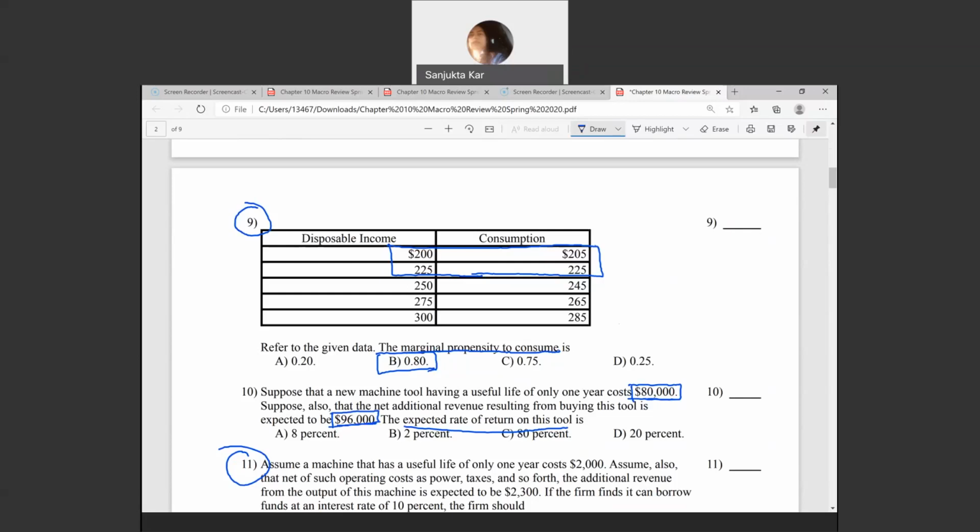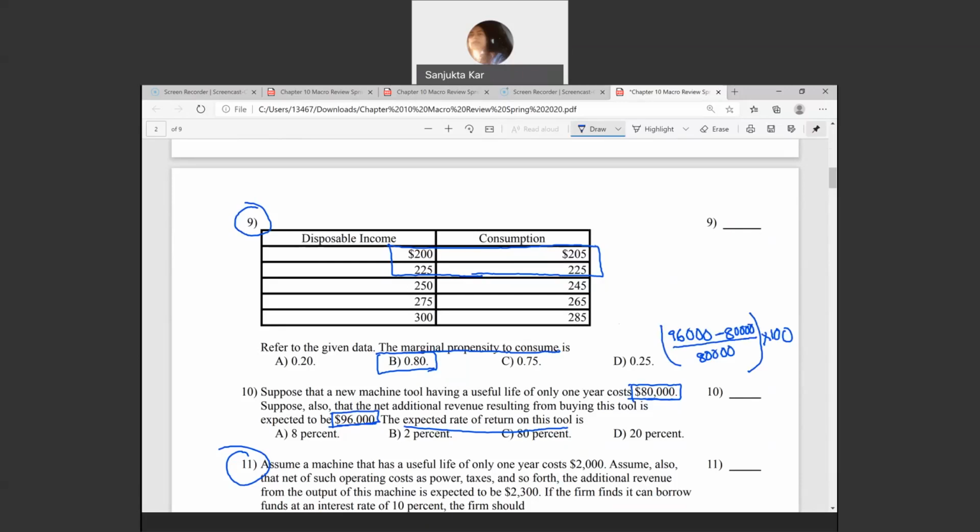So I'm going to use the formula here. It's going to be 96,000. From that, I subtract 80,000. This whole thing will be divided by 80,000. I'm going to multiply this whole thing times 100.